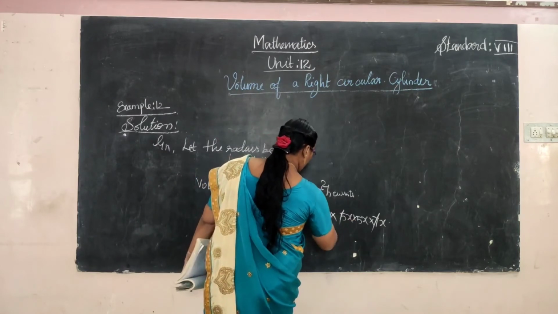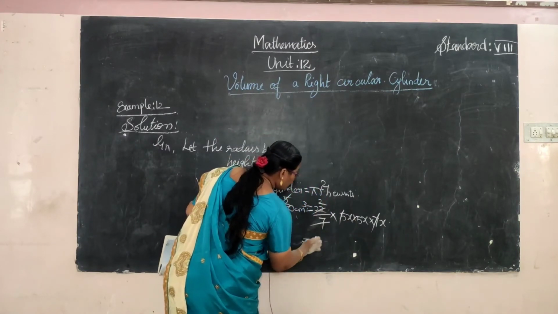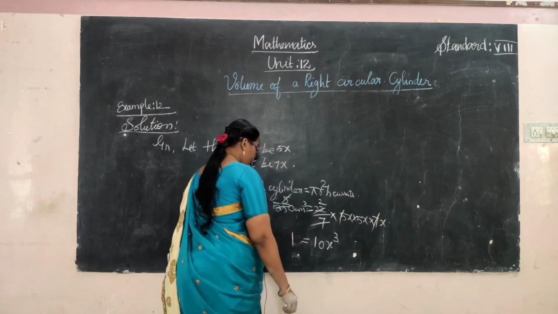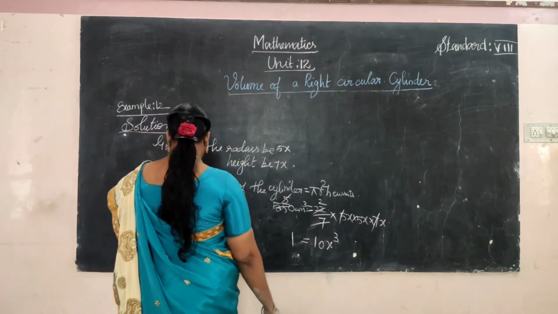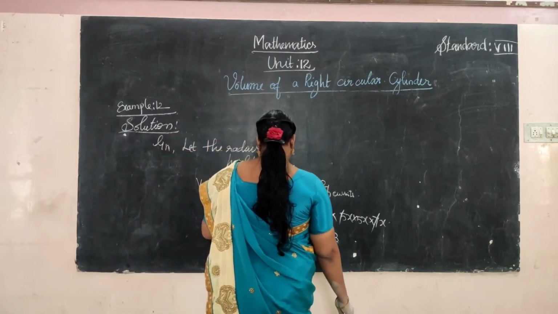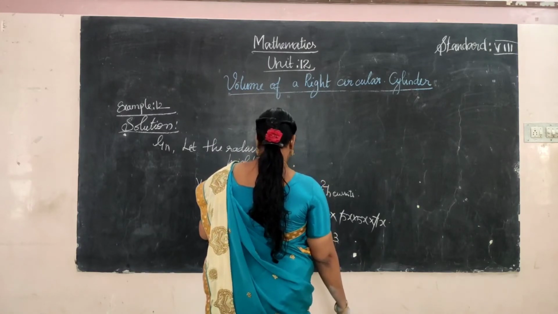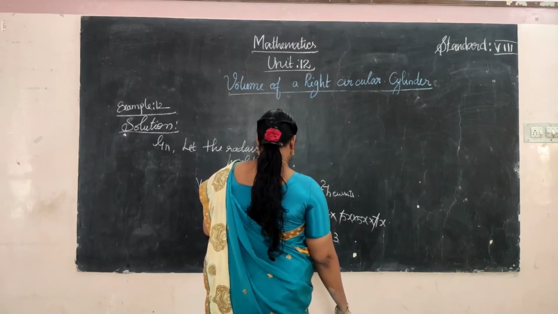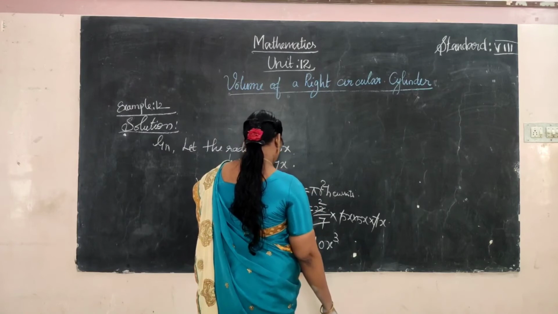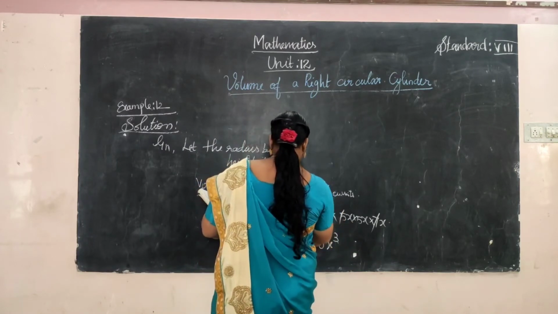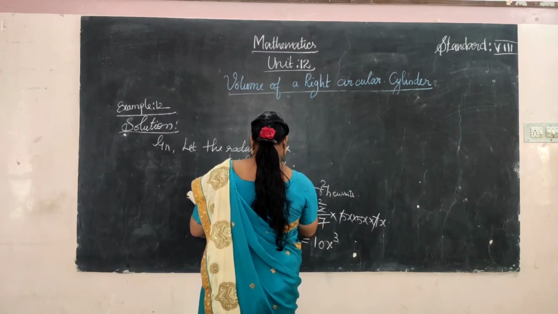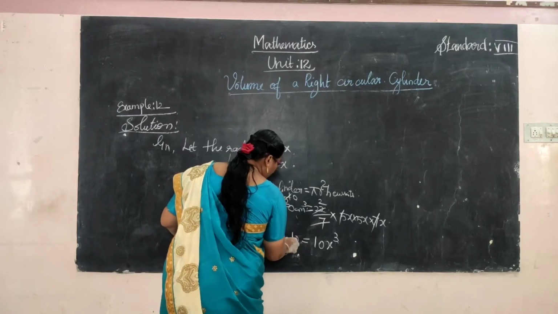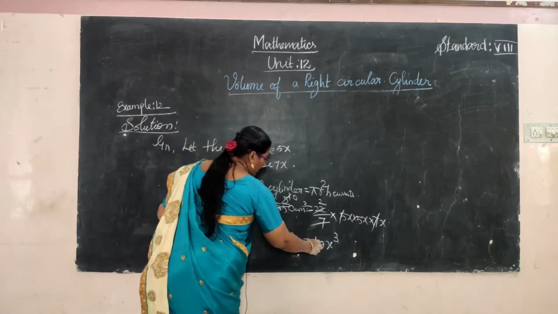So what terms remain? 2 5s are 10, x cube, and here 10 is also there, so it will be cancelled.